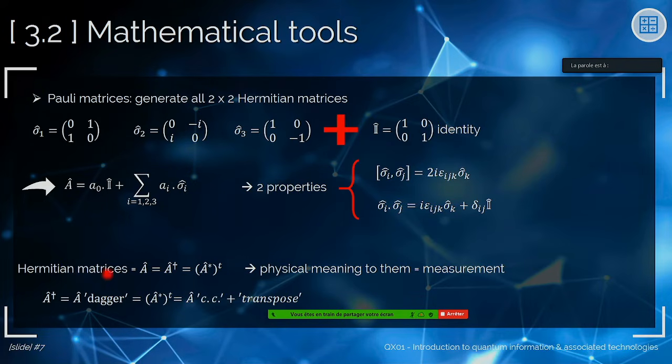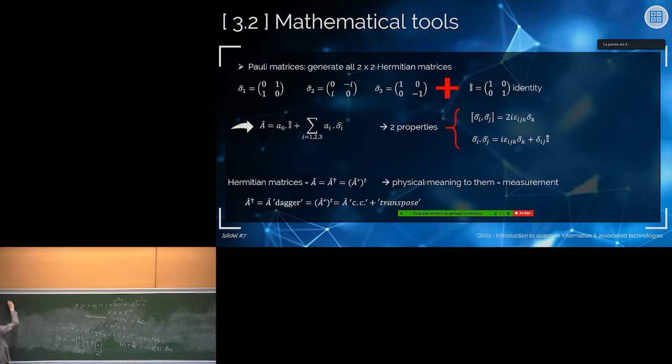Hermitian means what? It means that the matrix has to be equal to itself with a particular operation which we call a dagger operation. So we have to have Hermitian matrices, which means that a particular matrix A has to be equal to A dagger, where A dagger is the dual transformation of complex conjugate and transpose.